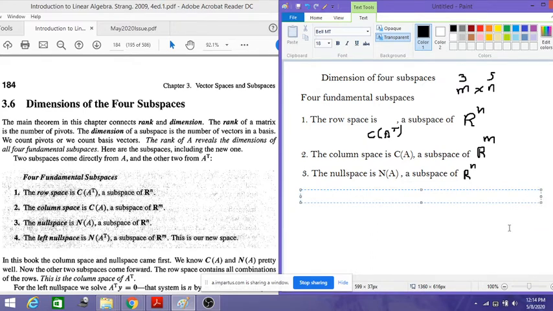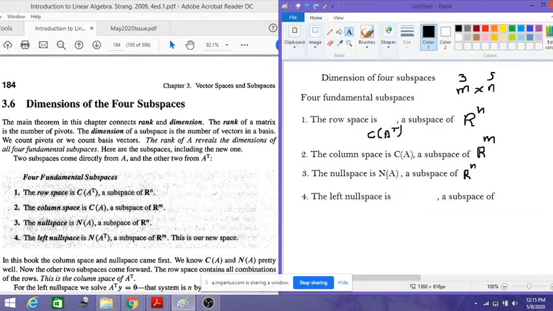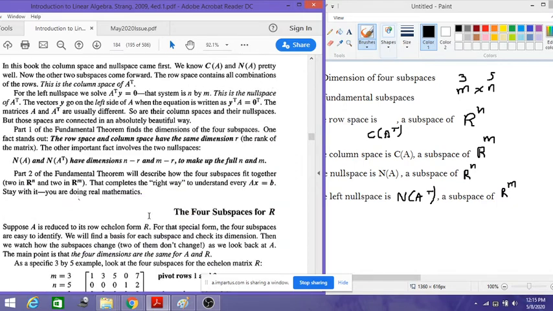If we take the transpose, the null space moves to the left side. So the left null space is a subspace of R power m. Now it is in terms of rows, not columns, so it is represented as N of A transpose, a subspace of R power m. These are the four fundamental subspaces which we should know.